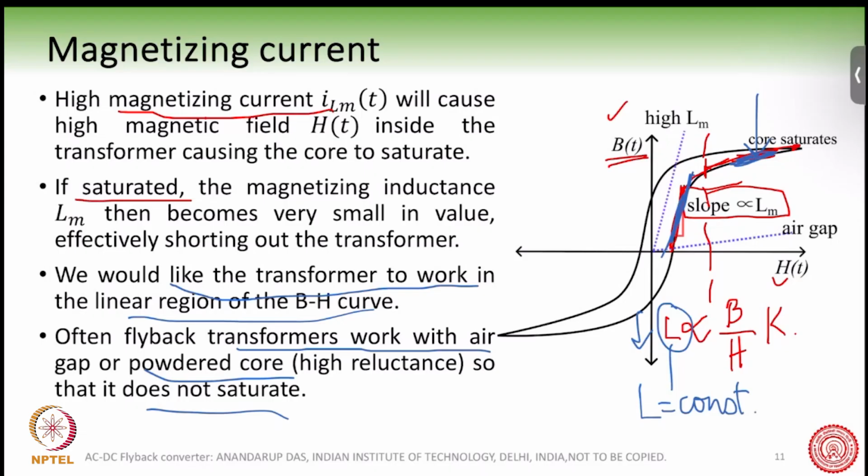Either we put a physical air gap or we work with a powdered core. Powdered core means it is a special type of core in which the air gap is distributed throughout the body of the material. So the air gap is uniformly distributed, and therefore the transformer is prevented from getting into the saturation region.